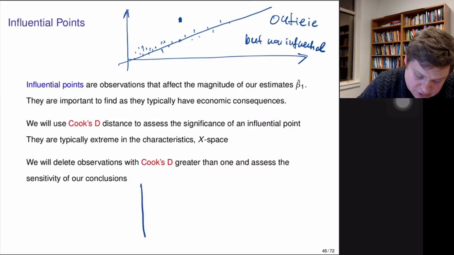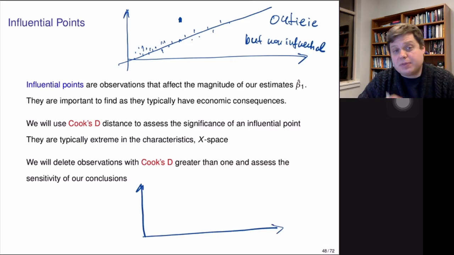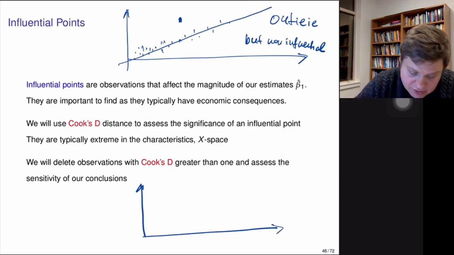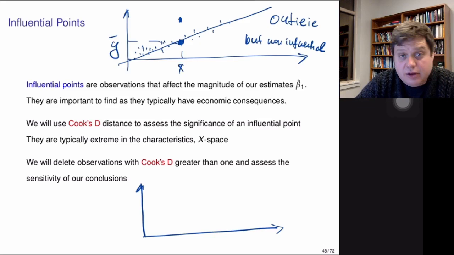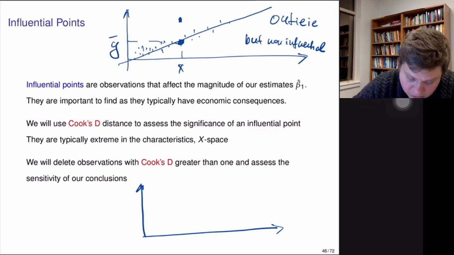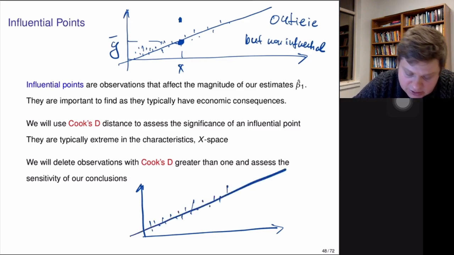There are two characteristics of influential points. Usually it's an outlier, but it also is far away from the middle, so if this is x bar, y bar, the middle of x and y, an influential point should be far away from this point. So let's take the same data set with the line that fits it.